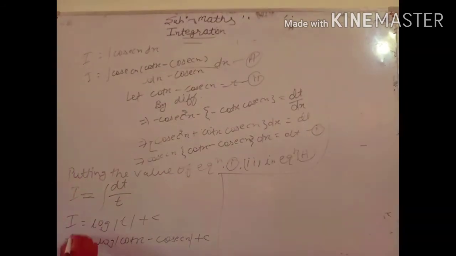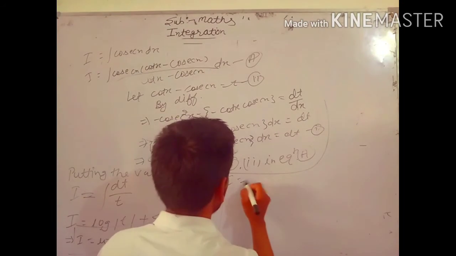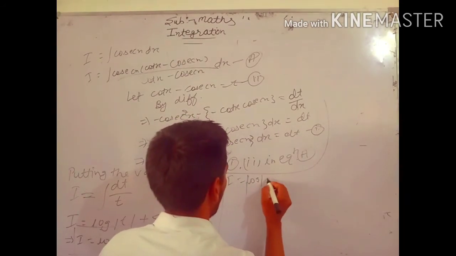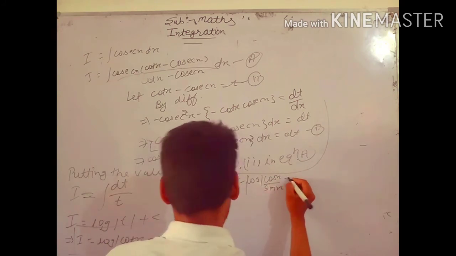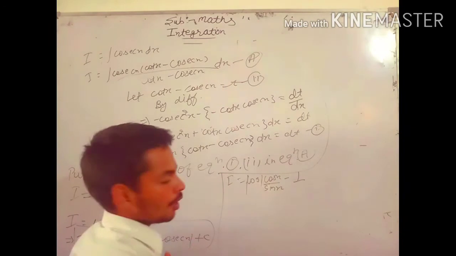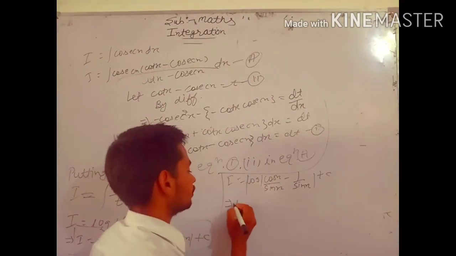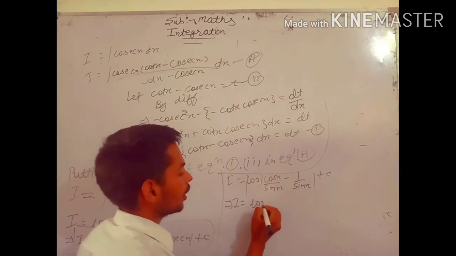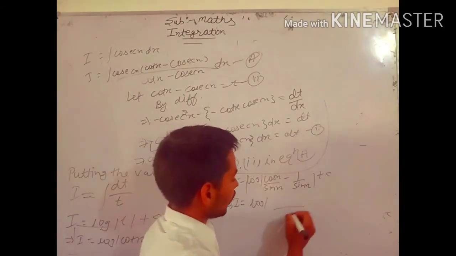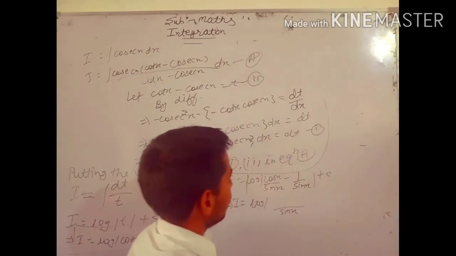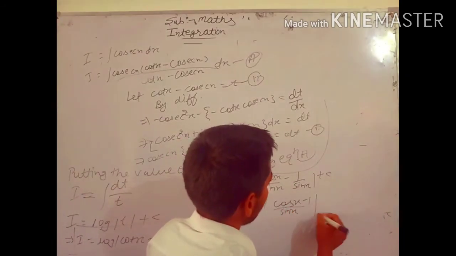This is the integration of cosec x. We know that cot x is equal to cos x upon sin x, and cosec x is equal to 1 upon sin x. So I is equal to log of cos x upon sin x minus 1 upon sin x plus c. We take the LCM of both terms, which is sin x, so I is equal to log of (cos x minus 1) upon sin x plus c.